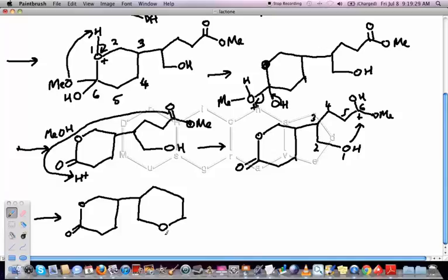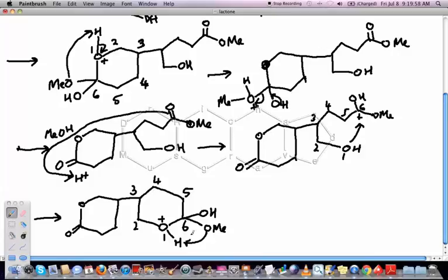And this will be position 1. This will be position 6. Go ahead and fill in the rest of the numbers. And you see the 3 there matches what we would expect it to match. 4 and 5. And on position 6 we're going to have the OH and the OMe. And on here we'll have the hydrogen and a positive charge.